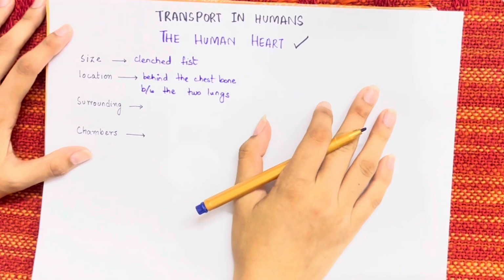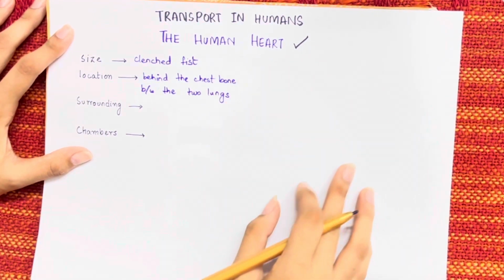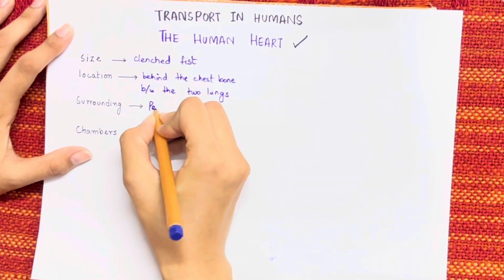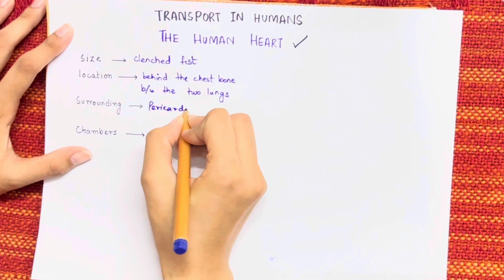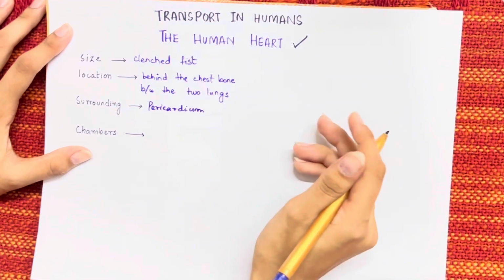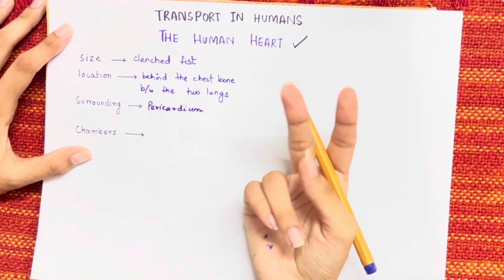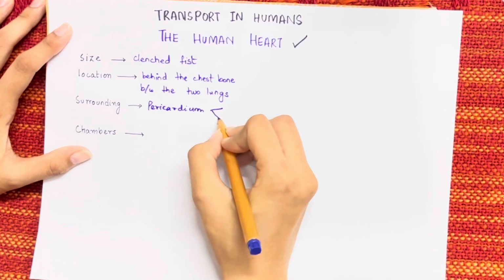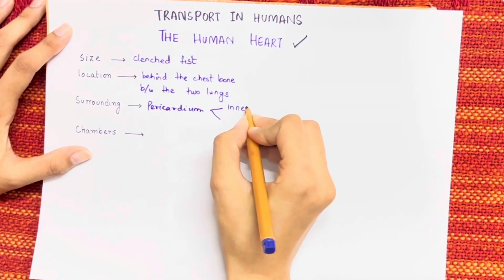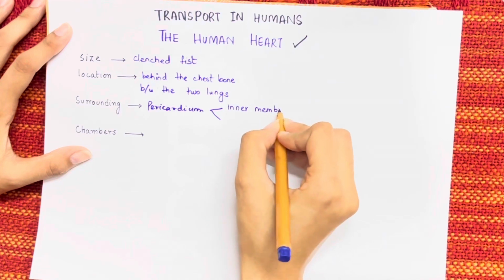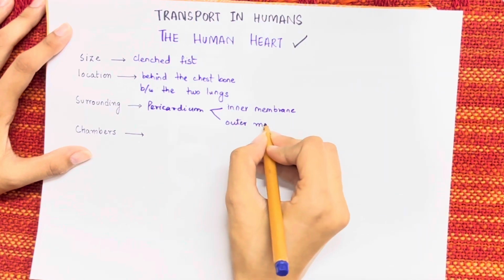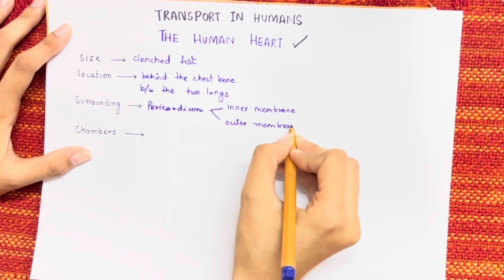Next, when you talk about the surrounding of the heart, the whole heart is surrounded by a big bag that is called the pericardium. This pericardium surrounds the heart and protects it from any kind of injury. It is made up of two layers of membrane, the inner membrane and the outer membrane, and both of them have different functions.